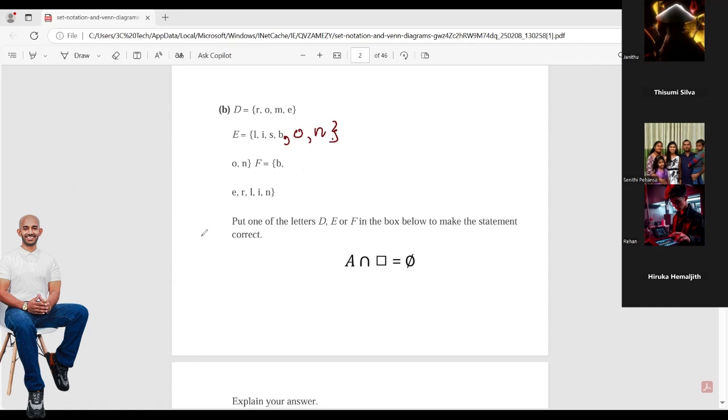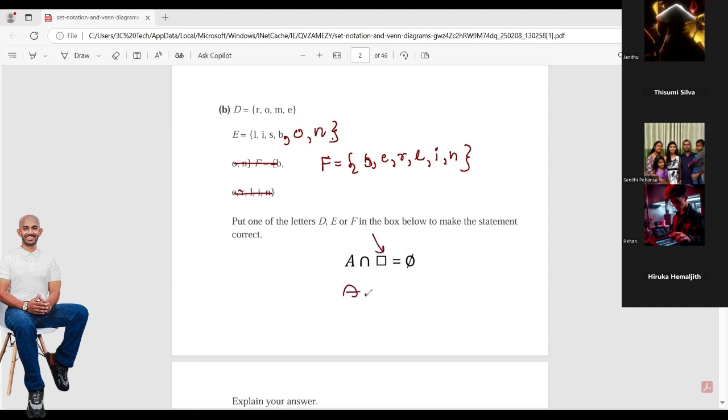These are the elements of these sets, B, E, R, L, I, N. So put one of the letters D, E, or F in the box below to make the statement true. In the box, this one.